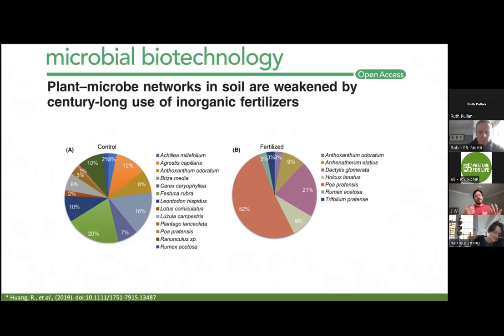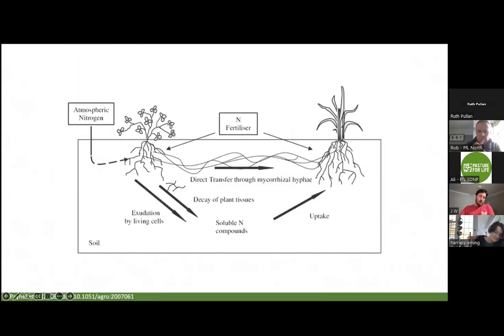So this is an example of even within an agricultural context, we are losing plant species diversity through the enrichment of nitrogen. And of course, often it's the legumes that are dying out, and they're the ones that are going to fix that nitrogen. So here, a nice example of some of the negatives on plant species diversity as well.